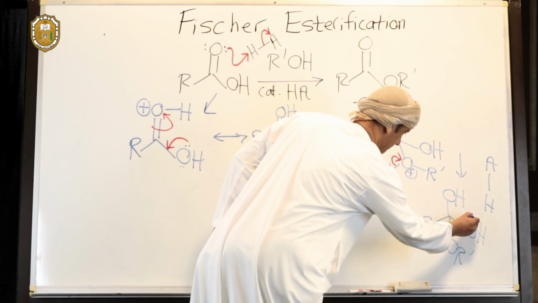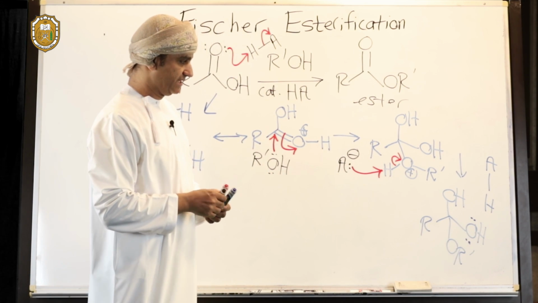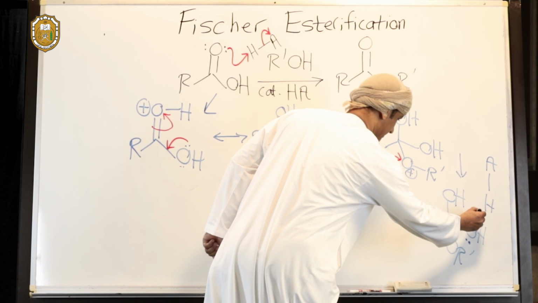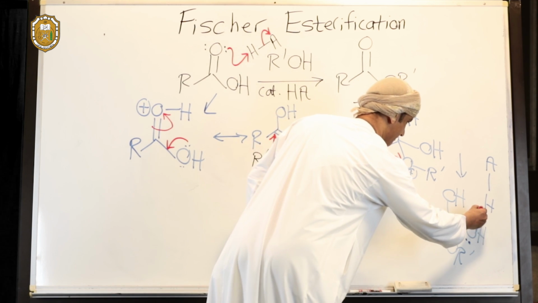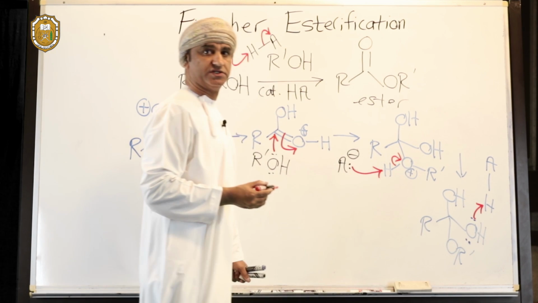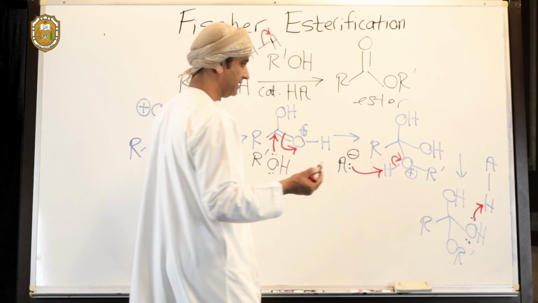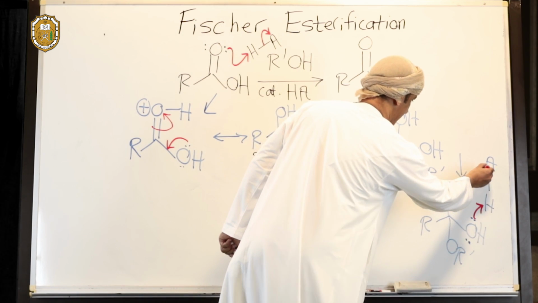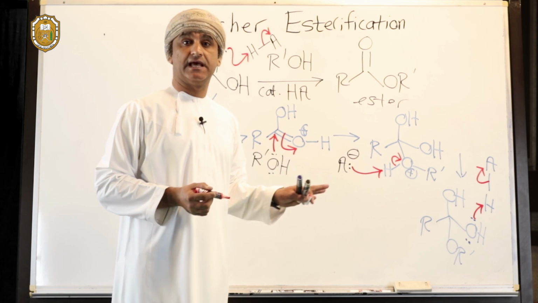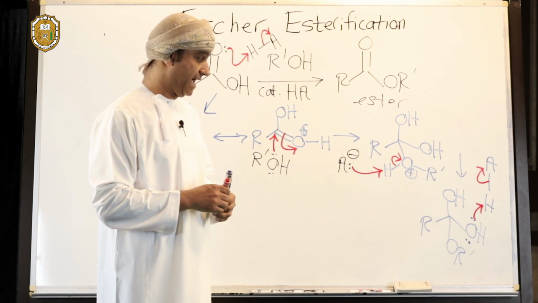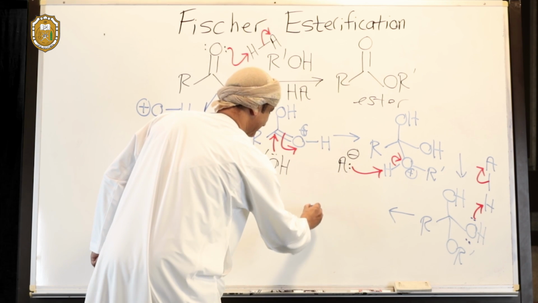So this oxygen would be protonated using this catalytic acid that has just been reformed. So we take an arrow from that oxygen to that hydrogen of the HA acid, or the catalytic acid, and the HA bond, of course, breaks simultaneously, releasing electrons to A. So what we get is the following.